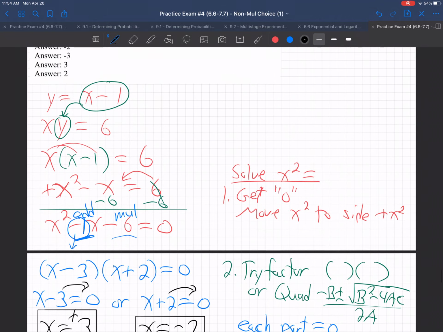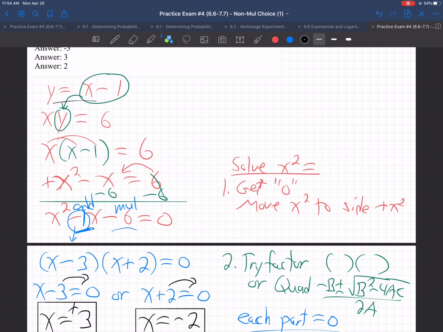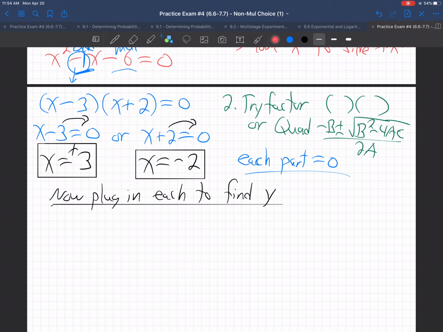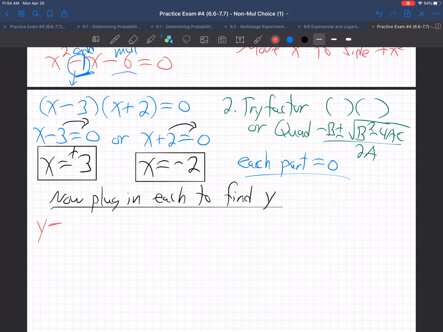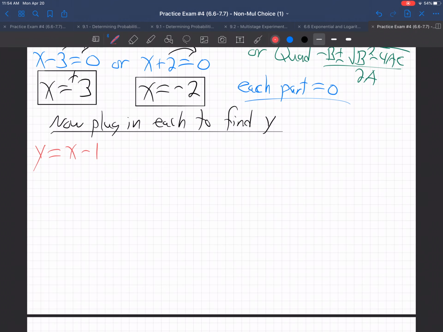If you want to find y, the easiest place is going to be right up here where y was already alone. So I'm just going to grab that equation and bring it on down. y equals x minus 1. In both cases, I'm just going to use y equals x minus 1 and plug in the 3 and the minus 2. 3 minus 1, y is 2. So that is the answer, 3 for x, 2 for y, right?